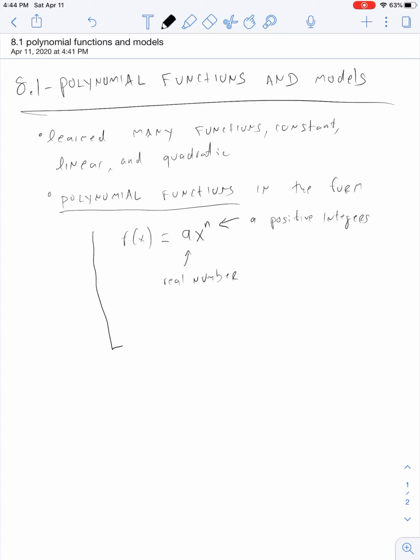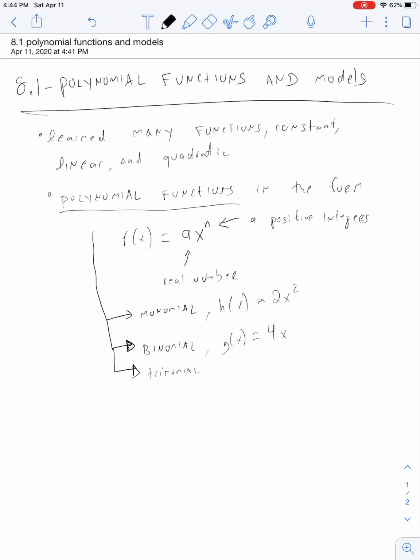Remember some of the polynomials that we looked at when it came to factoring. We saw monomials, binomials, trinomials, or it could be a polynomial. So a monomial would be something like h of x equals 2x squared.